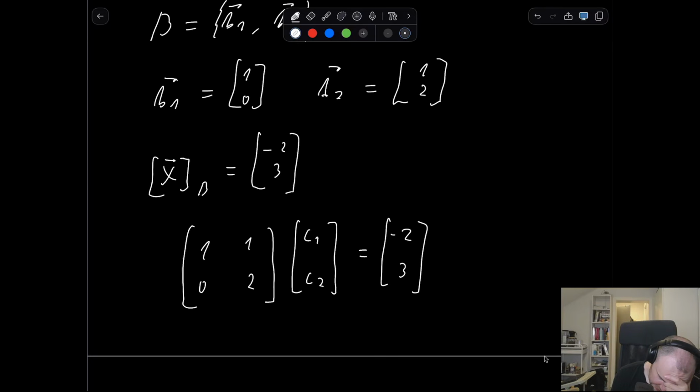So with the B coordinates -2 and 3, I need to solve for x.